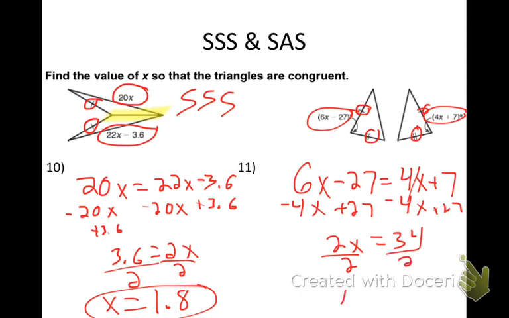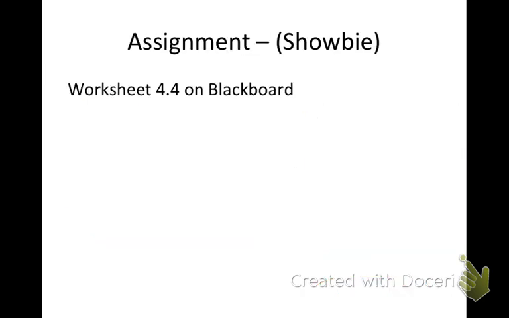Divide by 2. X equals 17. For some reason I was saying 4. So what shortcut would this one be? That'd be side, angle, side. Side, angle, side there. All right? Nice job. There's your assignment.